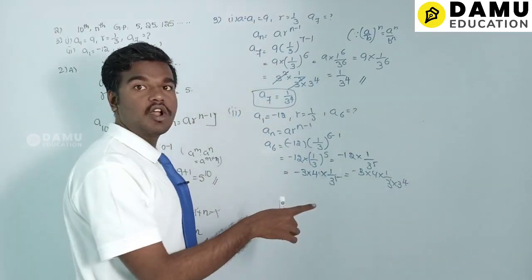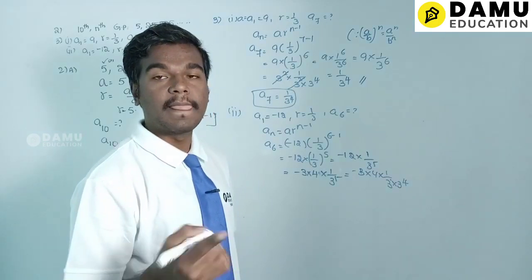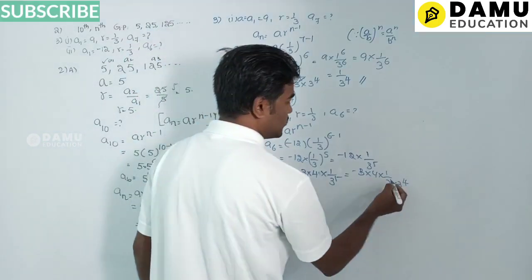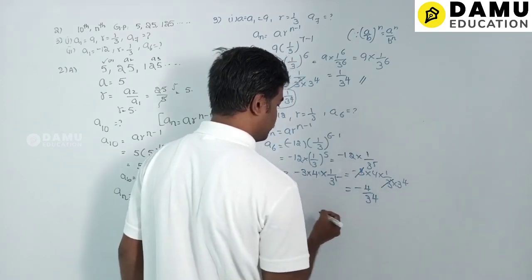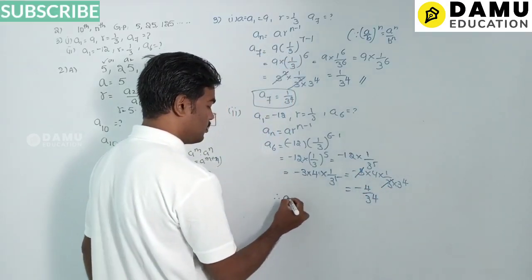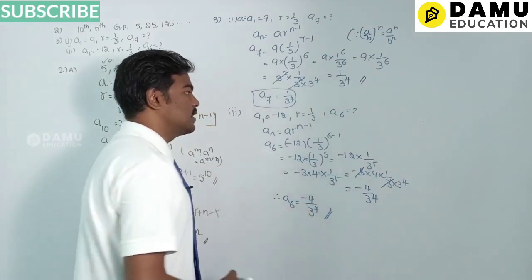Yes, a power m into a power n is a power m plus n. So this is plus 3. So here minus 4 by 3 power 4. Therefore, A6 will be equal to minus 4 by 3 power 4. So this is the value.